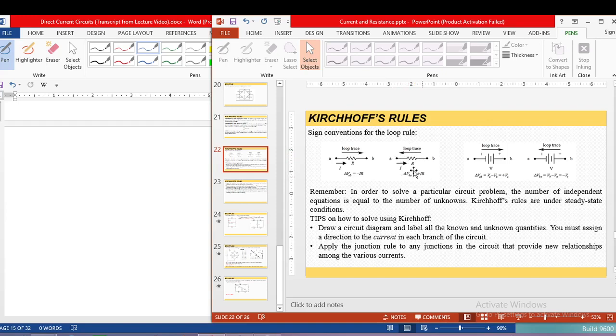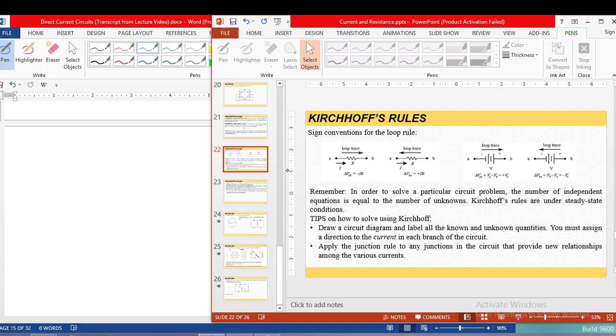That is why its voltage is positive, based on the loop trace. So circuit elements like a resistor base it on the direction of your current relative to your loop trace. But a source, just like the battery here, depends only on the loop trace, not on the direction of the current.